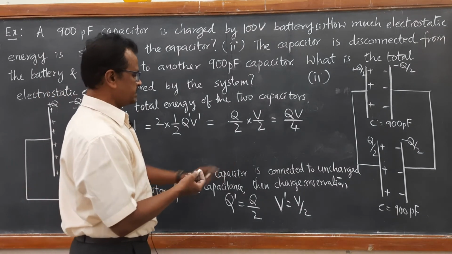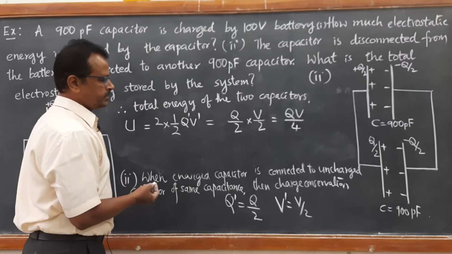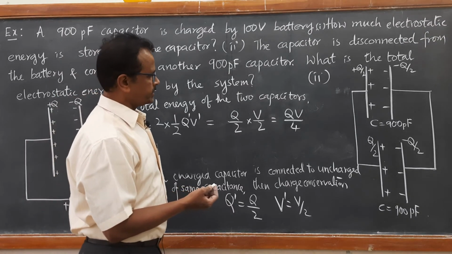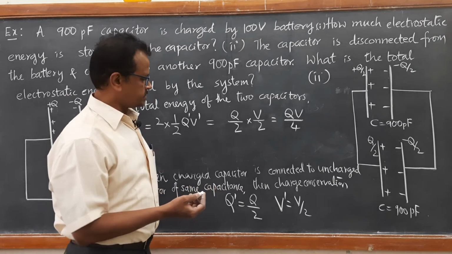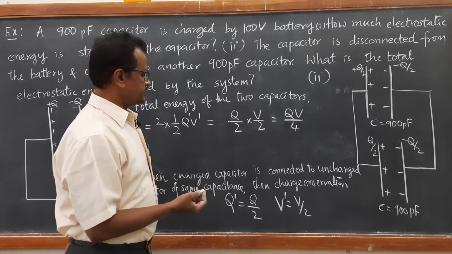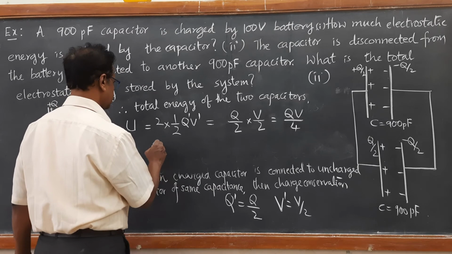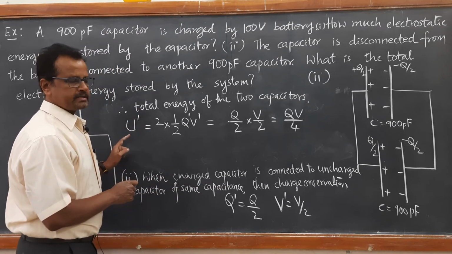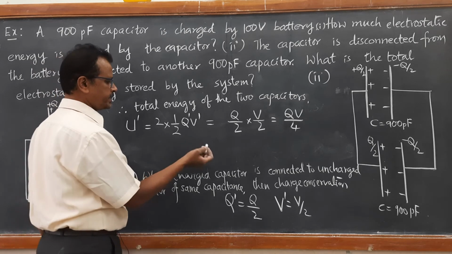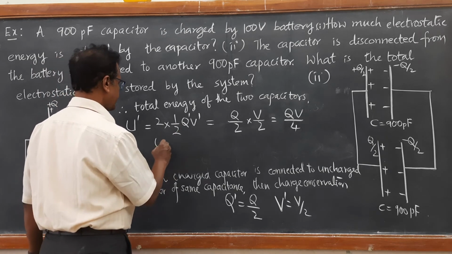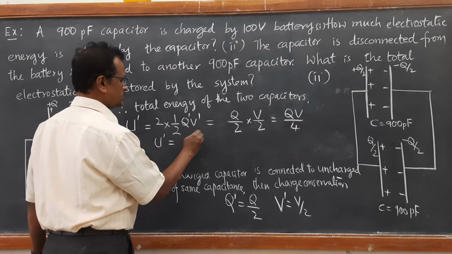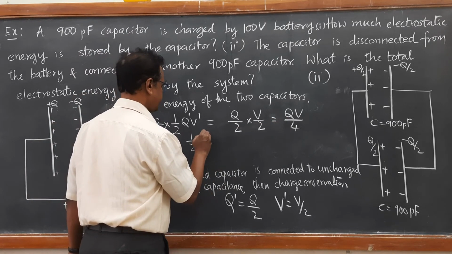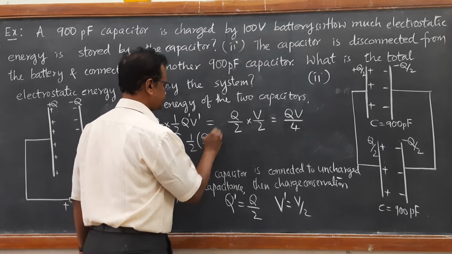QV by 2 we have already calculated. Just now we calculated 4.5. It is not 900, it is 4.5. You can take the total energy of the system as U dash; earlier we took it as U. So U dash is equal to half of QV by 2.